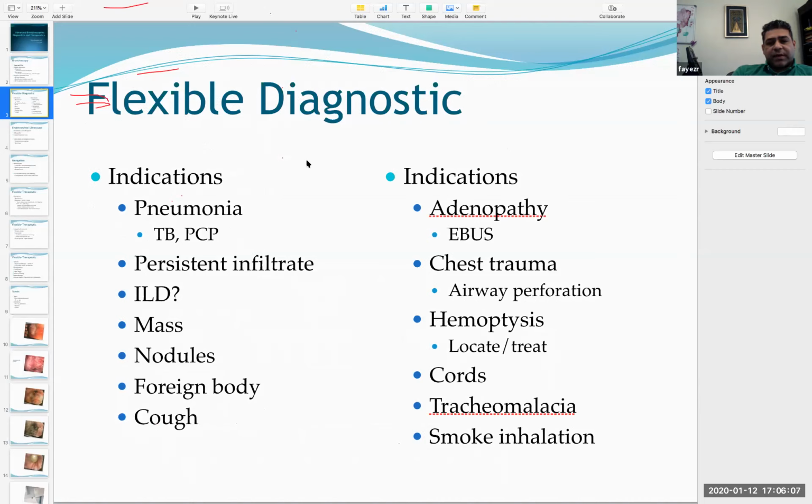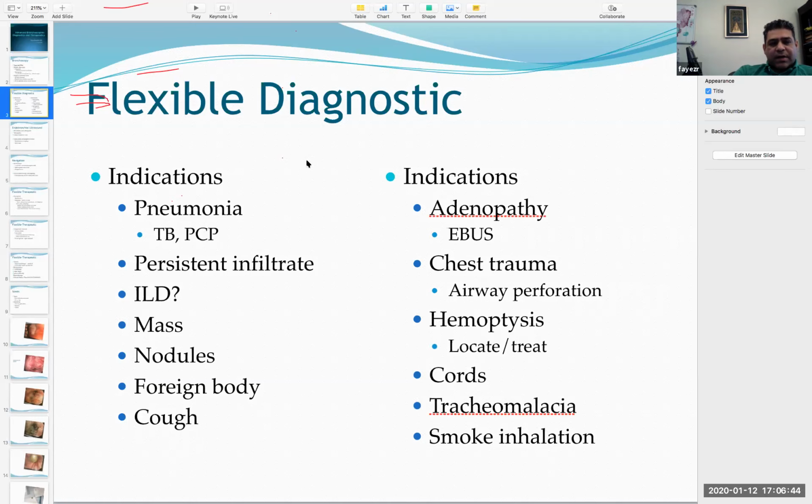TB is a very big thing because if somebody is not diagnosed and placed in isolation on time, then you have to go back and try to figure out how many people have been exposed to this particular patient and get them tested for TB, which can be a very high cost implication, and it's a big headache for the hospital. So whenever somebody comes in with even a suspicion of TB, they get placed on isolation, and then we get the privilege of doing an up close and personal investigation right in the patient's airway to diagnose TB.